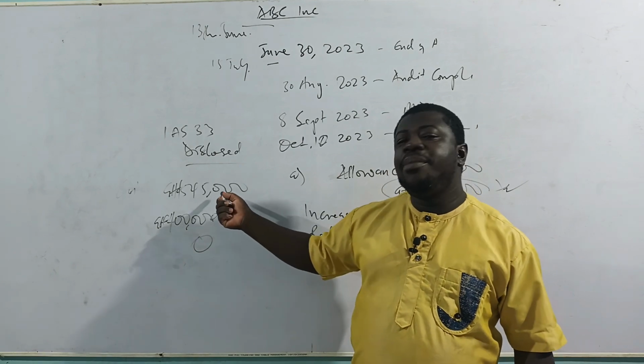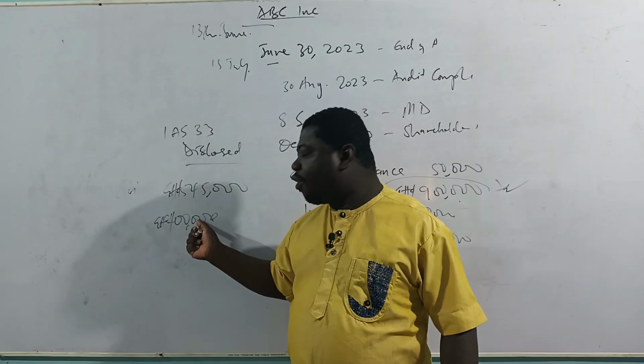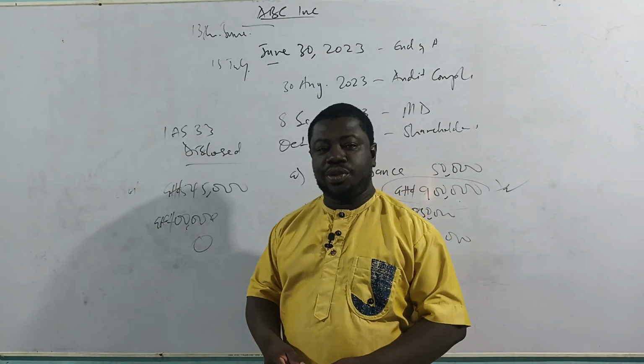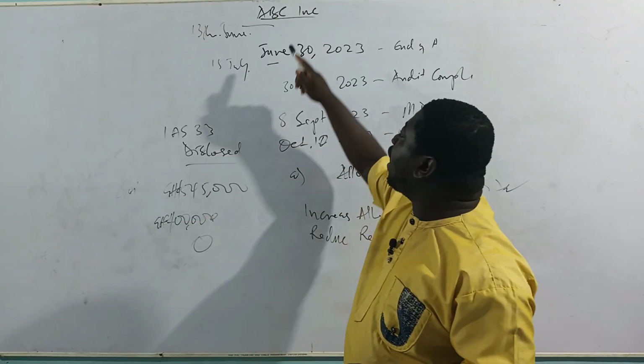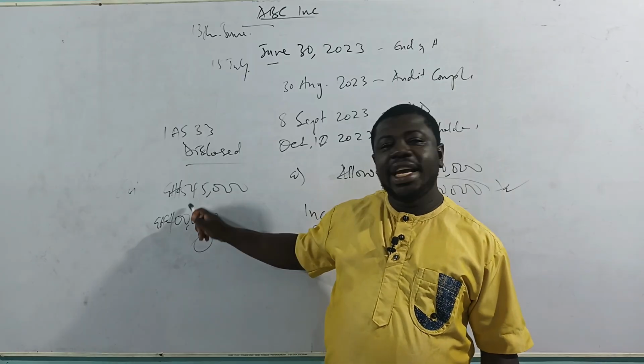Now, ABC has lost the value of this asset. They were trying to claim 400,000, but they couldn't. The liability of the insurance company is now zero. This one is an adjusting event. First of all, it even happened within the accounting year. And also, they couldn't claim.